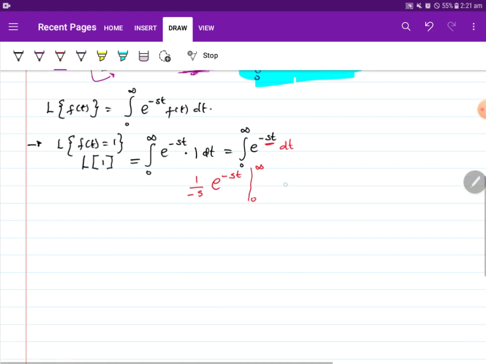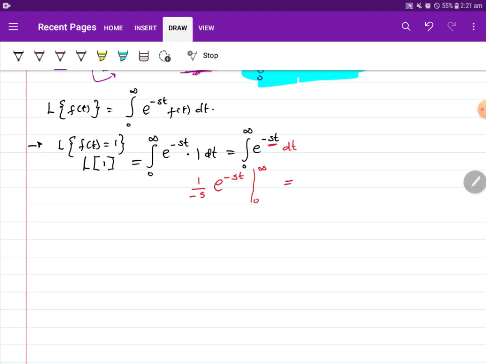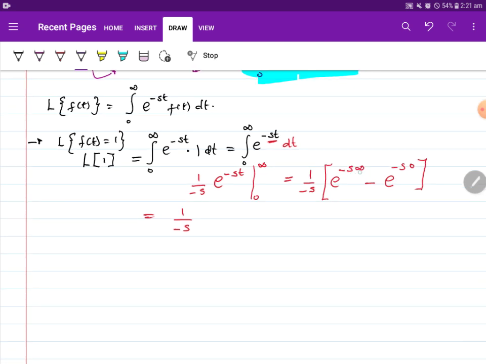T. So what is here is the same thing as 1 over minus s into bracket exponential minus s infinity minus exponential minus s times 0. Now is equal to 1 over minus s, look at it, minus s times infinity, exponential of minus infinity is what?